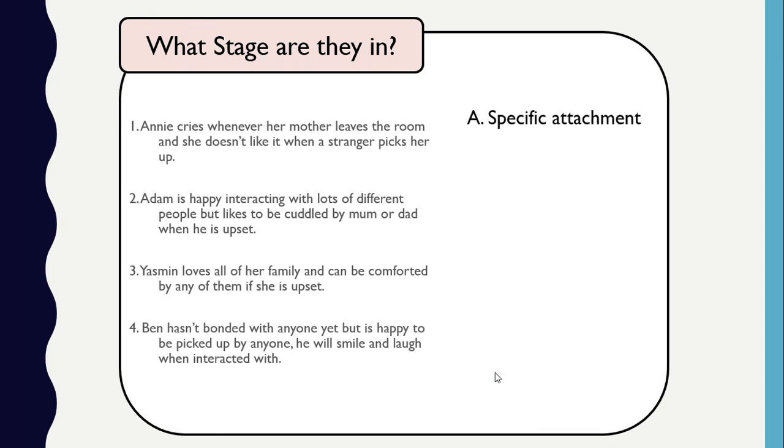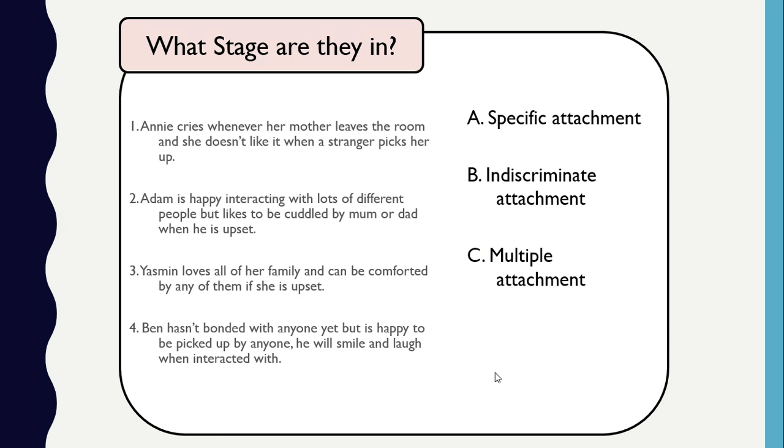You'd argue that Annie has either a specific or discriminate attachment because she's demonstrating separation anxiety when her mum leaves, and stranger anxiety when a stranger picks her up. Adam has indiscriminate attachments, or the beginnings of attachment, or asocial, where he's quite happy.